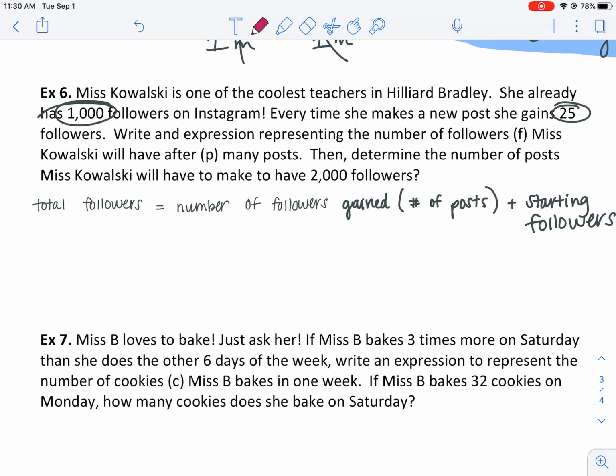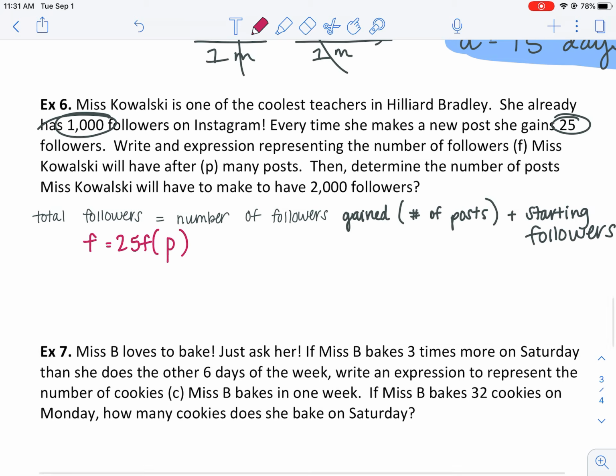Okay, so F is going to be equal to 25F times P, oh, I'm sorry, 25F times P plus the 1,000F that she starts with, okay?